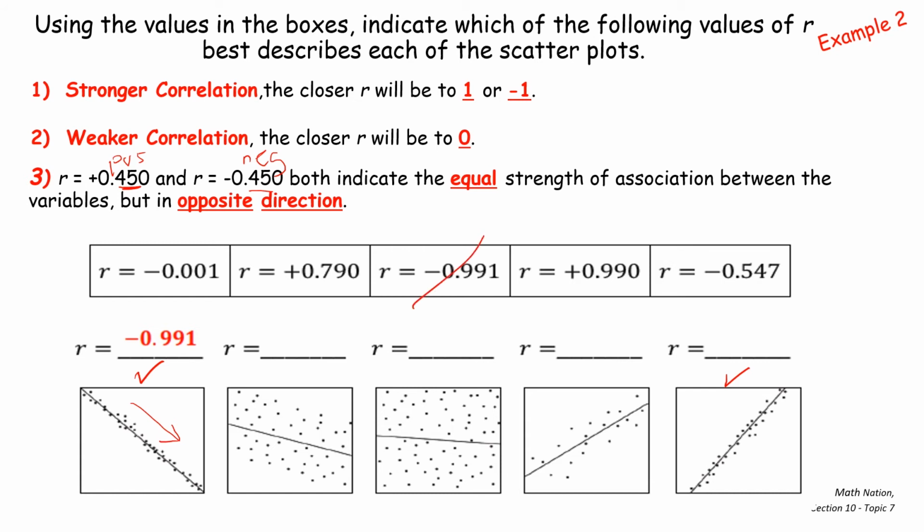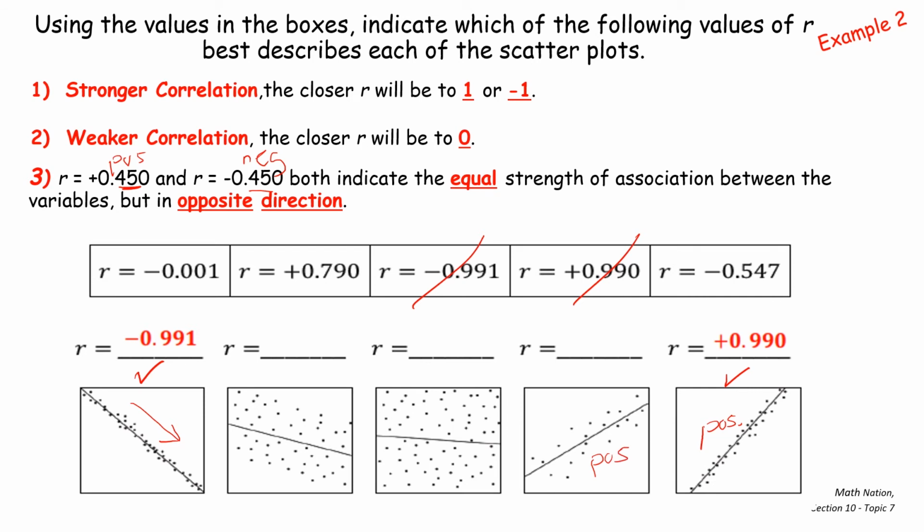So I'm going to mark that out. Next, this is strong as well, but it is positive. So I'm going to look for an r value that is positive and close to positive 1, and that would be positive 0.990. I'm going to cross that out. And next, the only ones I have left are these three graphs in the middle. So I have a positive graph here, right?